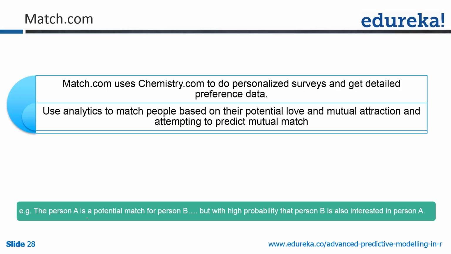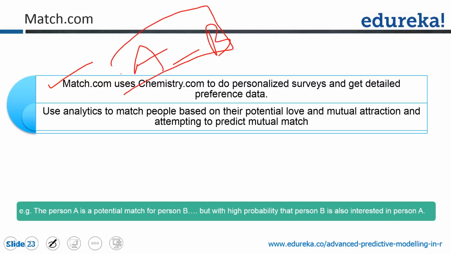And as I've told you earlier, Match.com uses Chemistry.com to do personalized surveys and get detailed preference data. Once you have the preference data, it's going to search the historical data of people who have already matched. So if person A and person B match their profile and they go along for a long-term relationship or whatever it may be, this is a potential hit for me.